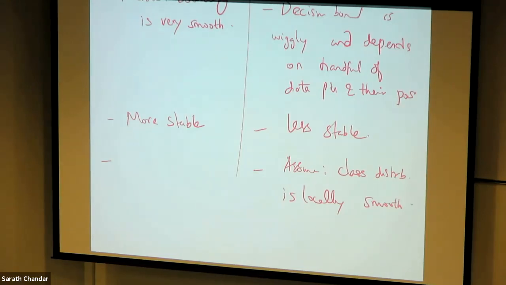Now, can someone tell me the assumption of least squares? What was the assumption? Yeah. The class distribution is separated in distinct areas over the whole area.